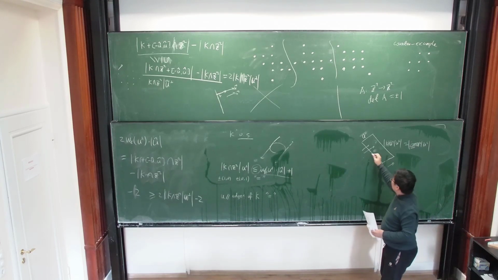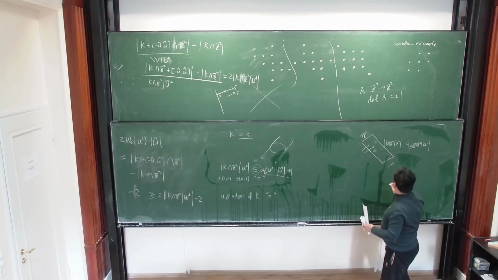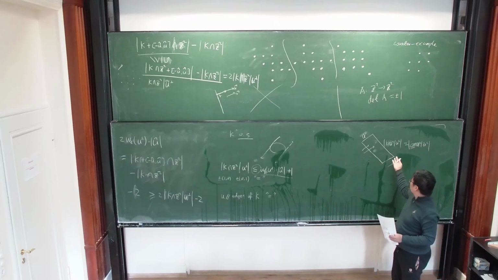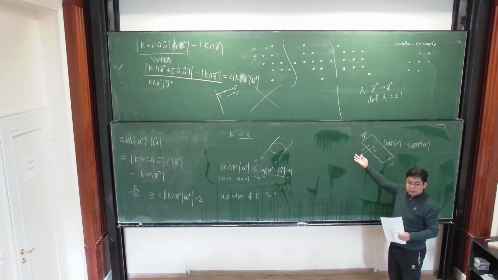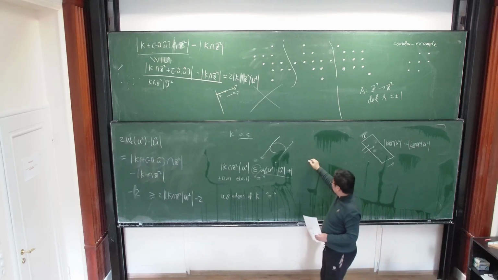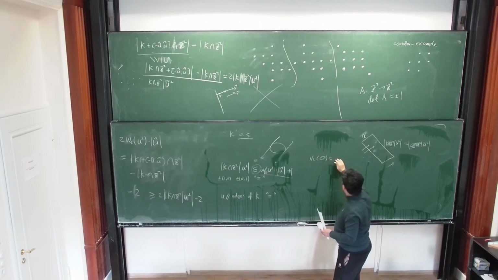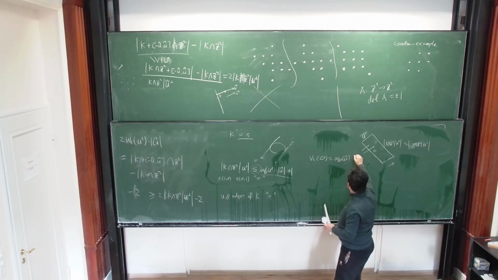The volume is equal to the width times U perp. So it's 1 equal to width times U hat.